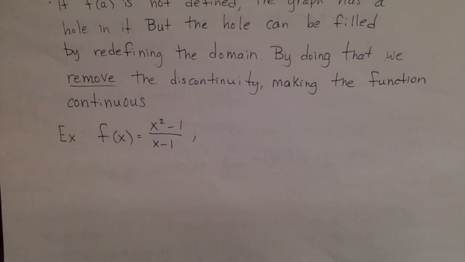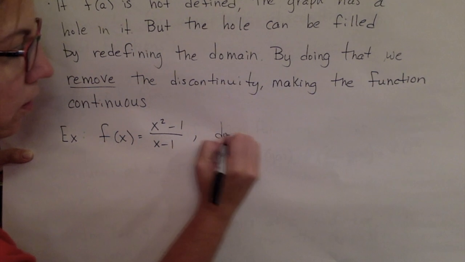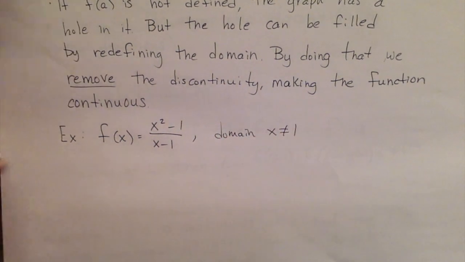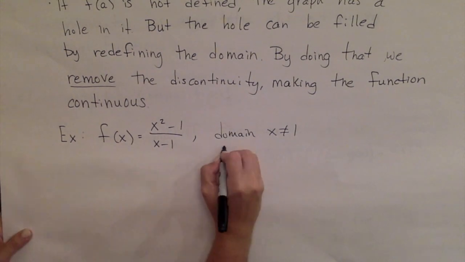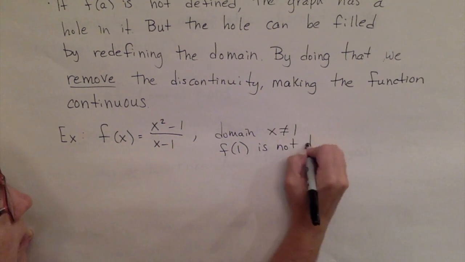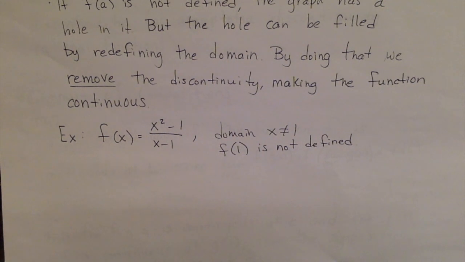So if we were to look at this particular function, f of x equals x squared minus 1 over x minus 1, we would find out that our domain is going to tell us that x cannot equal 1. Okay, and so what we might say is that f of 1 is not defined. Okay, so we have what is called removable discontinuity.